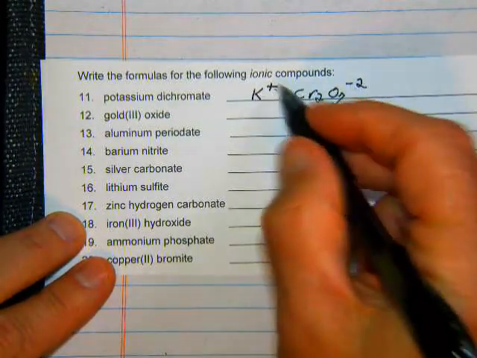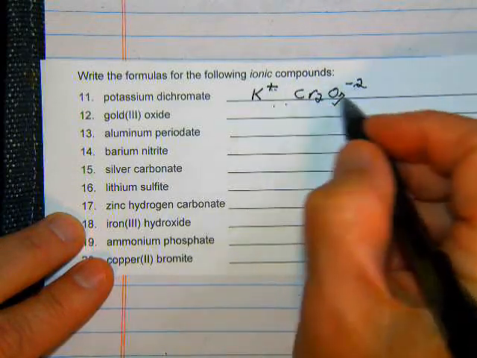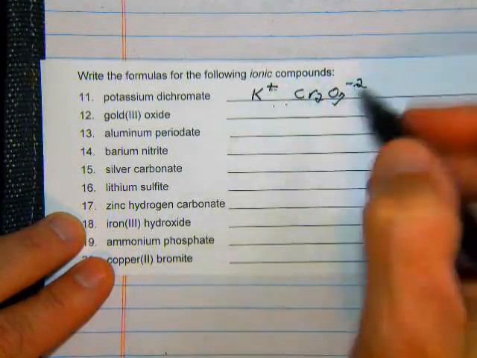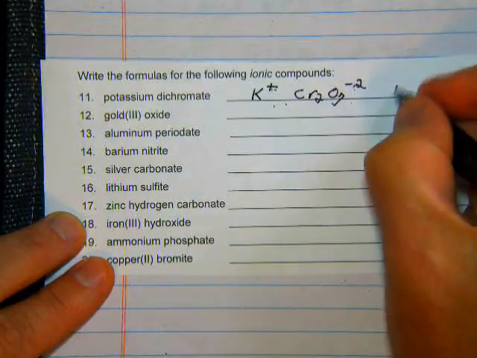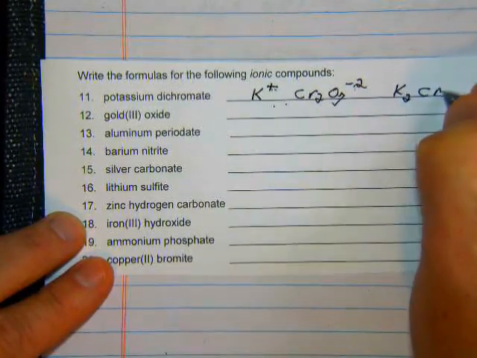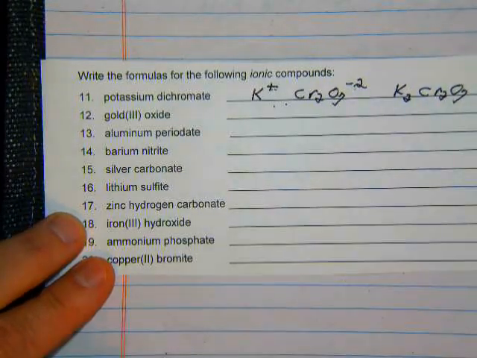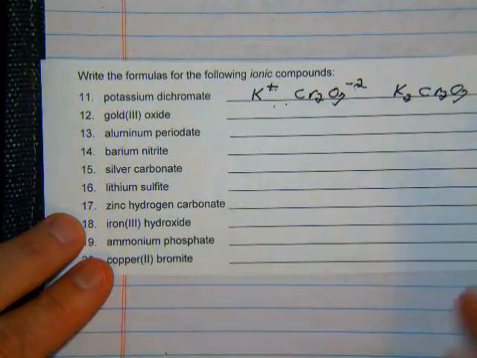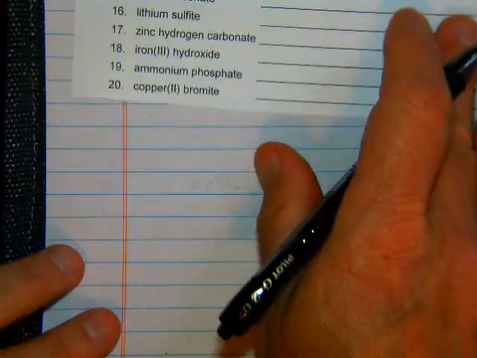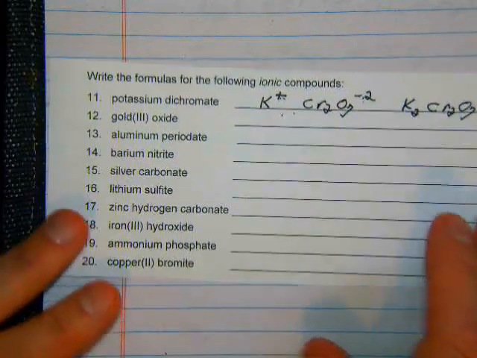So the coefficients would swap places, crisscross if you will. So this would be K2Cr2O7. So that would be the correct formula for potassium dichromate. I'm going to do the rest of these, kind of start doing below and above a little bit so we can see what's happening on these.